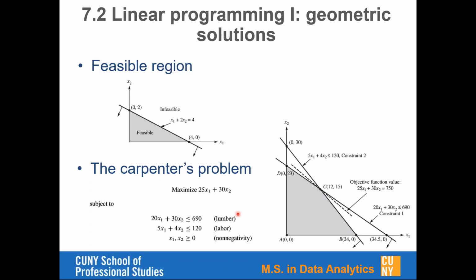He also has a limit on the labor he can put into producing the chairs and tables. Suppose that one table you can sell for $30. Let's assume that X2 is the number of tables that you can produce and sell.